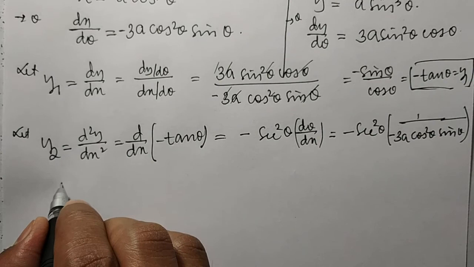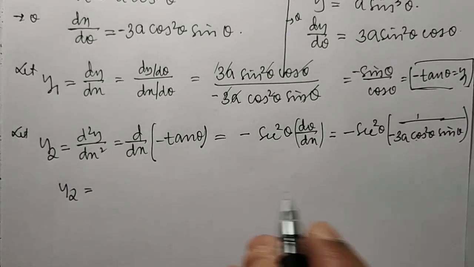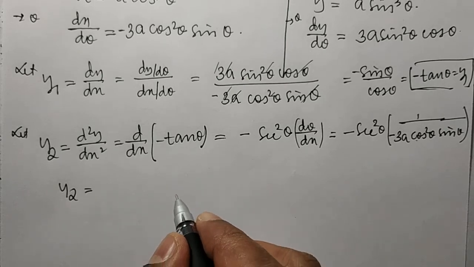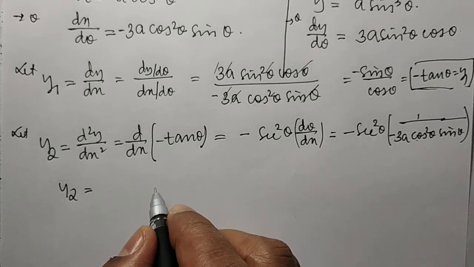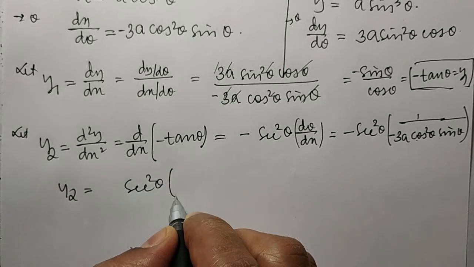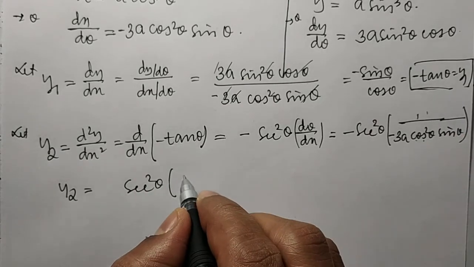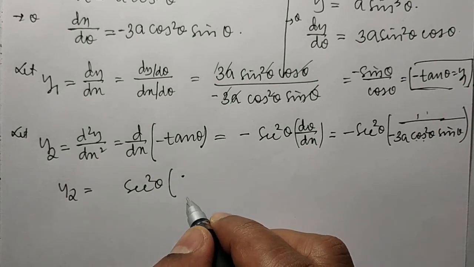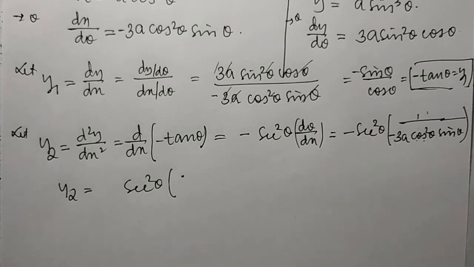Minus minus gets balanced. Therefore it is sec square theta into 1 by cos square theta, again it becomes sec.